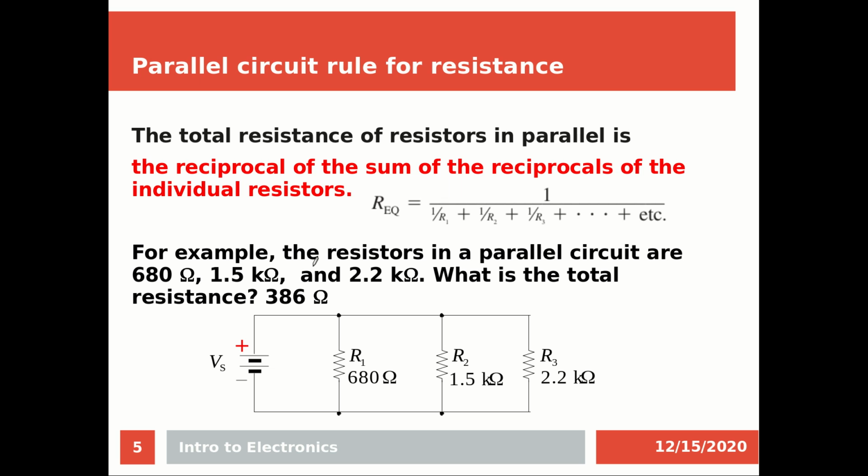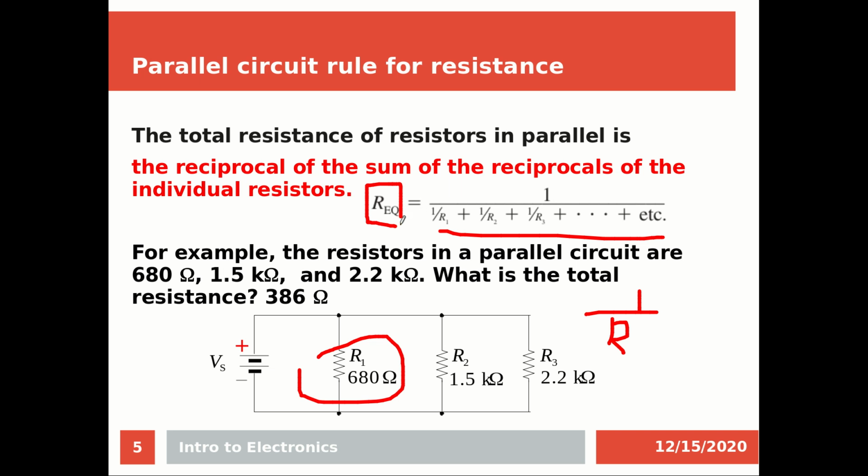For the resistance, it is the sum of the reciprocals. So you have to know each resistance and take 1 over each resistance, then take the summation of all of them, and then take 1 over this summation to get the equivalent resistance, or the total resistance of this circuit.